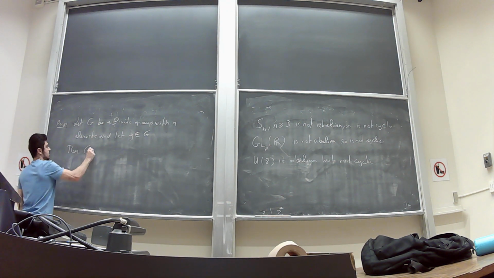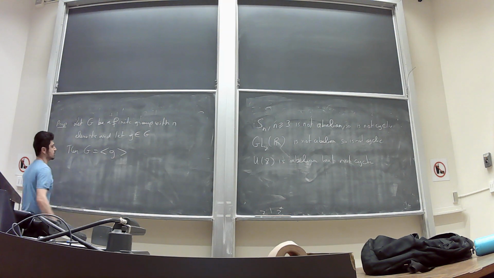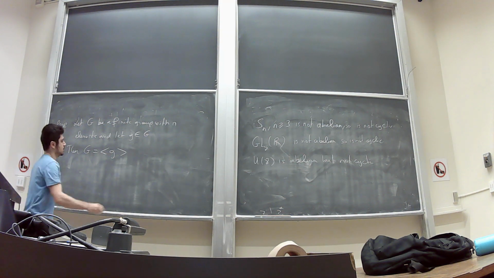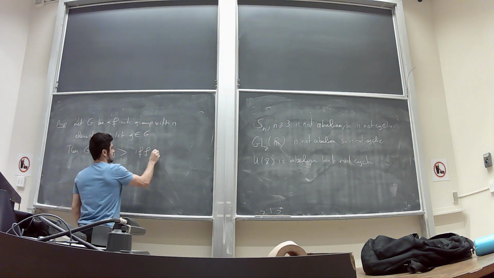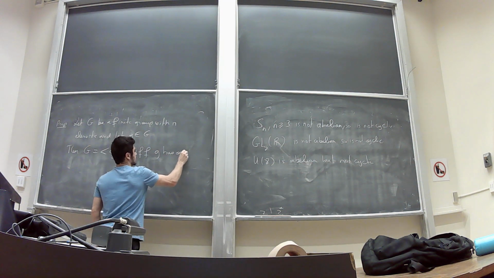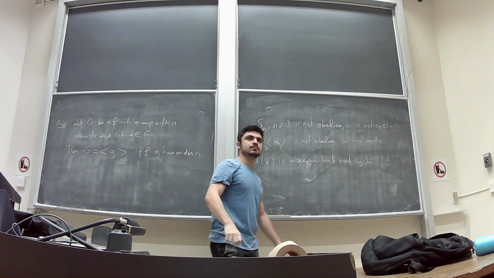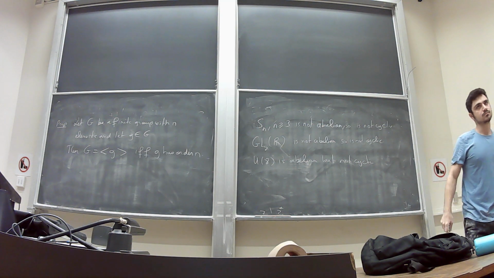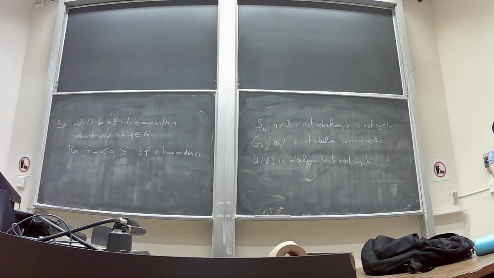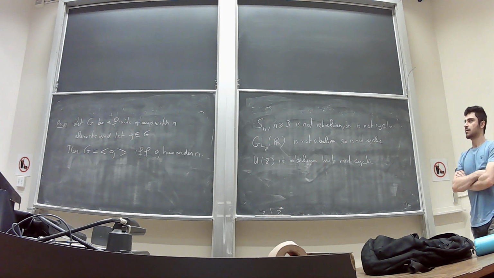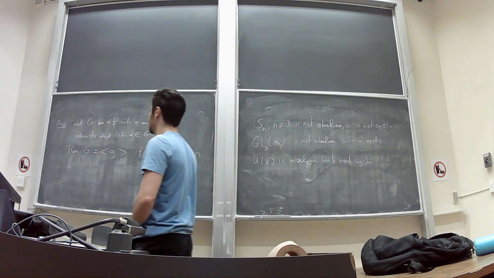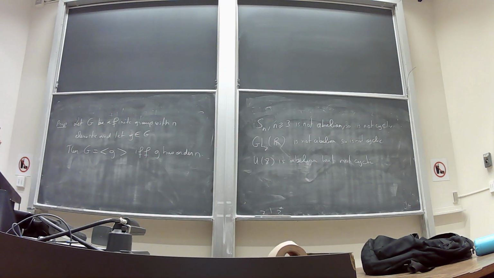Then, G is equal to the subgroup generated by g if and only if g has order n. Okay? That should be clear, right? So if you pick an element that has order n, let G be a finite group with n elements, and let g be in G, then G is equal to the subgroup generated by g if and only if g has order n. Okay?